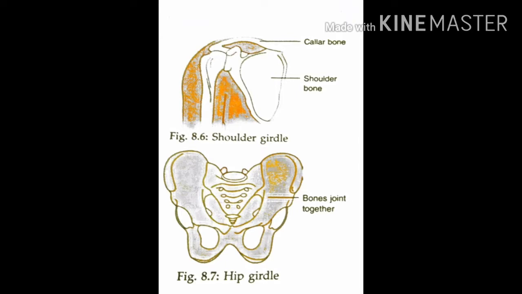Next one, the hip girdle. The hip girdle is made up of a number of bones joined together. It is the bone that you sit on. It is joined to the backbone at the center, and on its left and right side it is attached to the thigh bones.